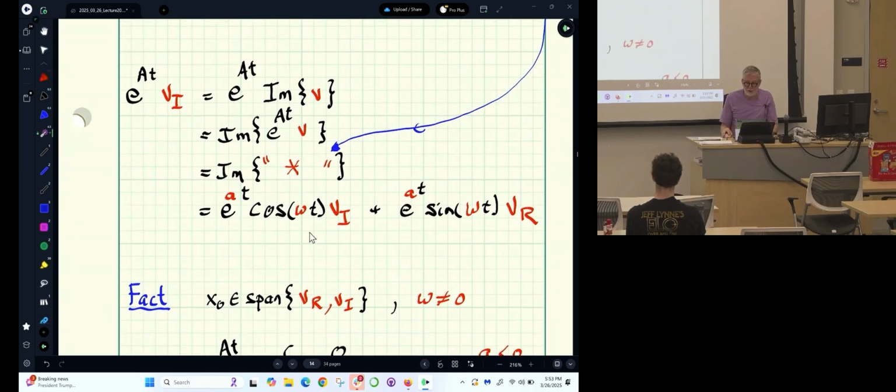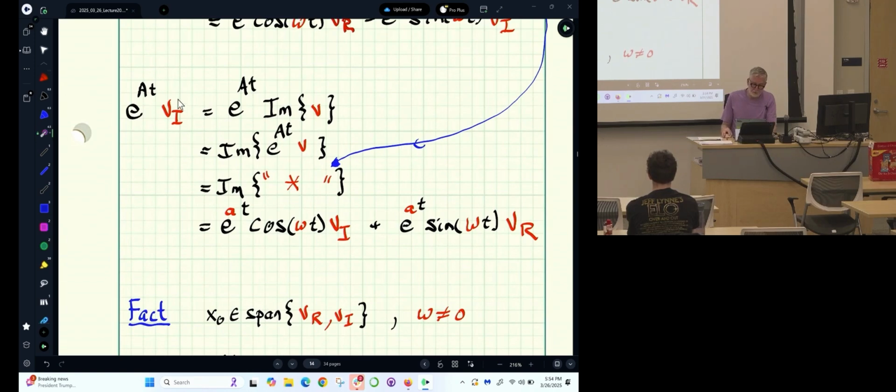Now, you work that out, and what you see is you get e to the at cosine omega t times the imaginary part of this vector. But you also get a term times the real part. You've got to grind through the calculations to see it.